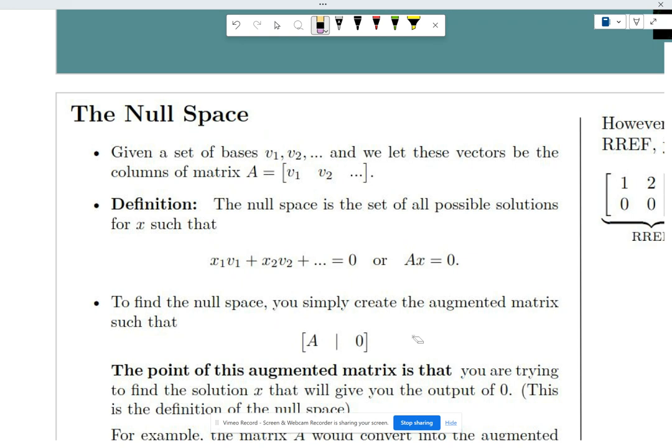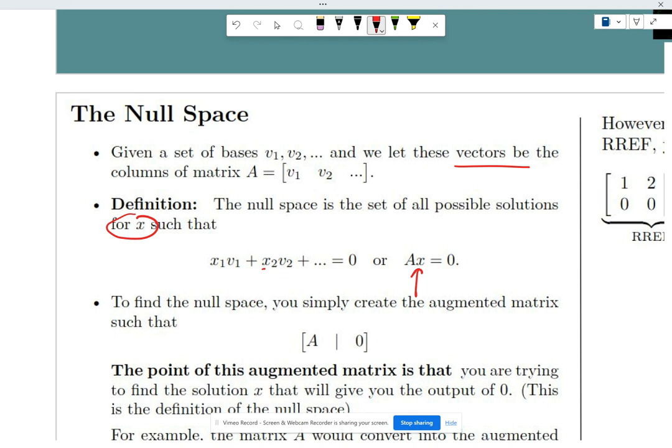Given this set of bases, we're going to let these vectors be the columns of the matrix A. A null space is the set of all possible solutions for x such that A times x is equal to 0. Remember, A was a set of vectors, which we were calling bases, and x is a vector here, which multiplies down the vectors.